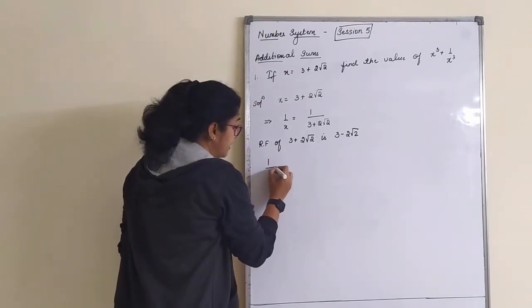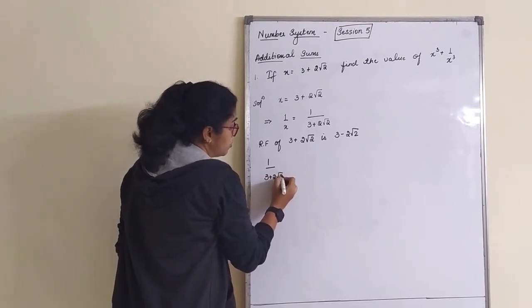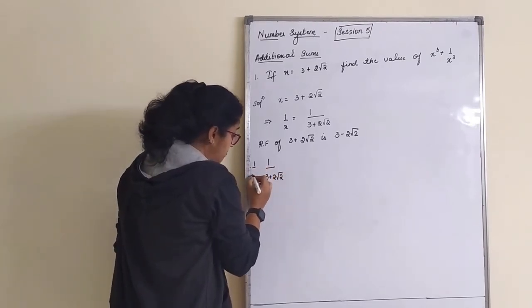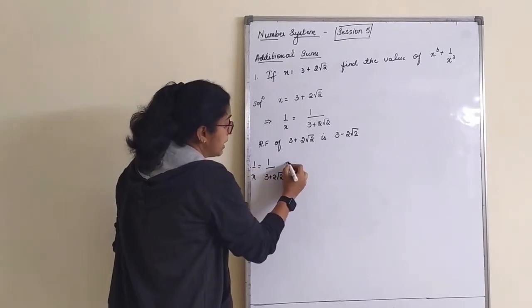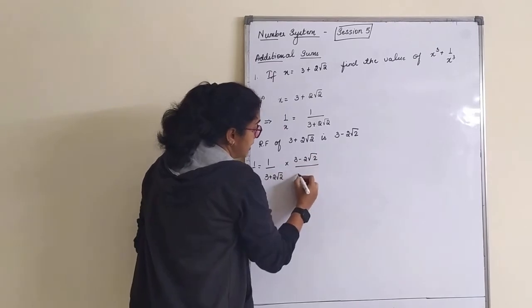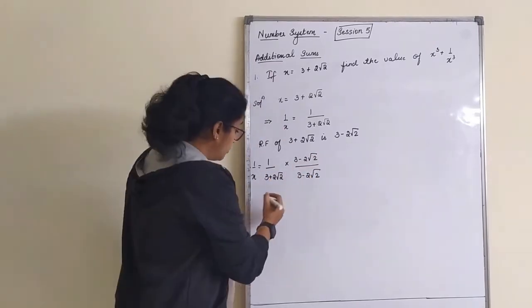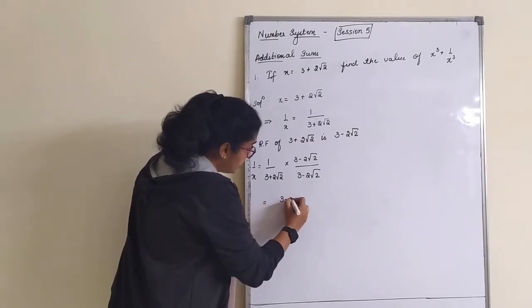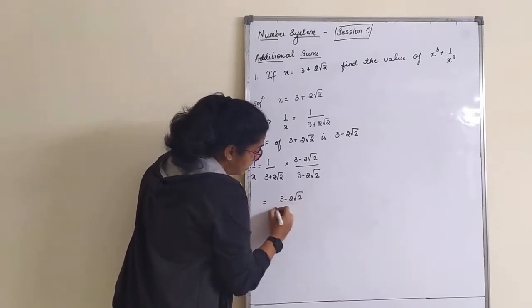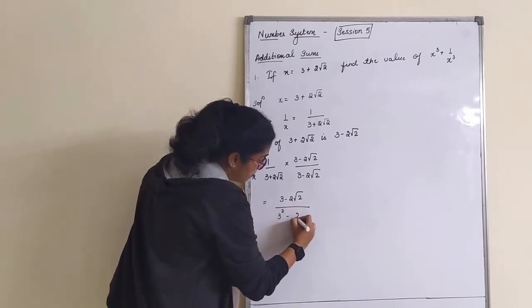So how do we write now? 1 by x is equal to 1 upon 3 plus 2 root 2 into 3 minus 2 root 2 divided by 3 minus 2 root 2. Do the further process. 3 minus 2 root 2 divided by a plus b, a minus b, a square minus b square.